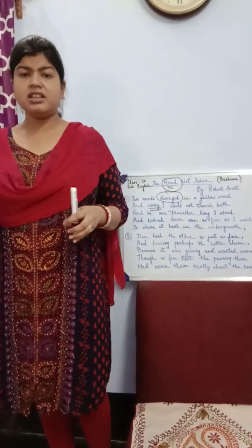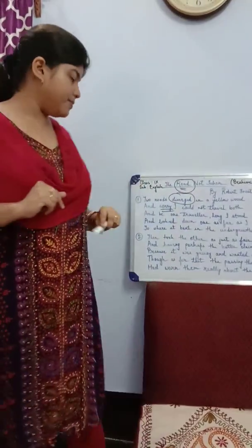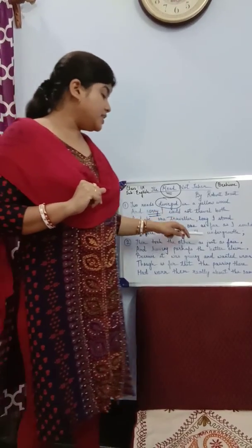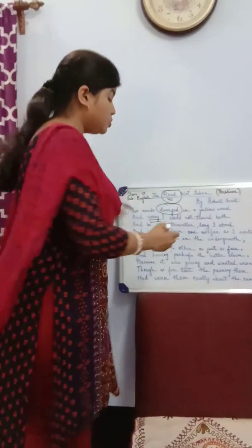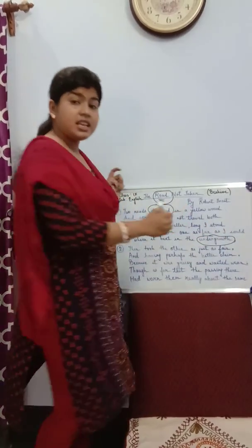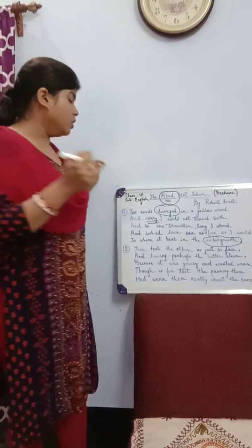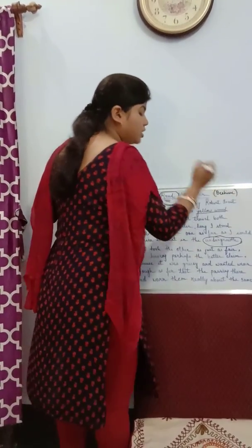So the poet stood in that very position at the juncture and looked at the road as far as he could. Both roads he looked at like that, to where it bent in the undergrowth. Another new word, undergrowth. Undergrowth here refers to the depth of the forest.